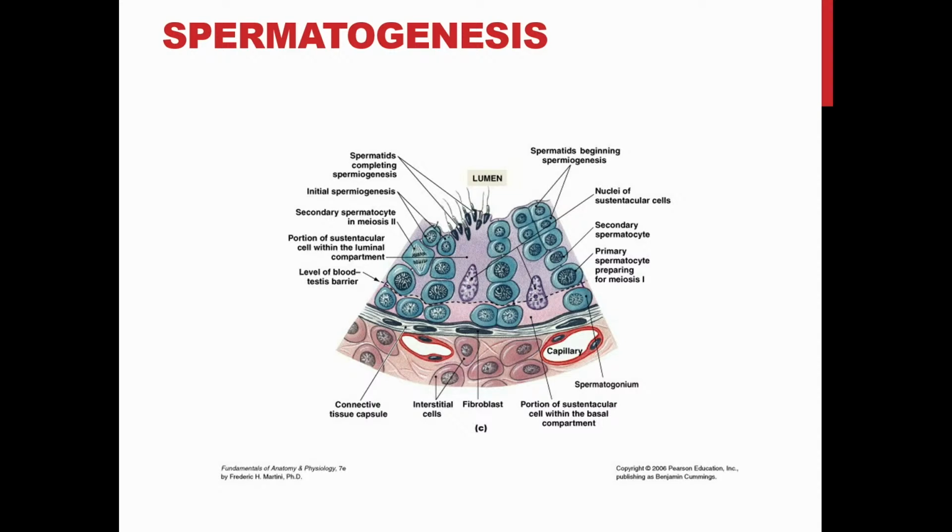Once the male child reaches puberty, the type A spermatogonia, the A dark spermatogonia becomes mitotically inactive, and the A pale spermatogonia continues to be mitotically active.